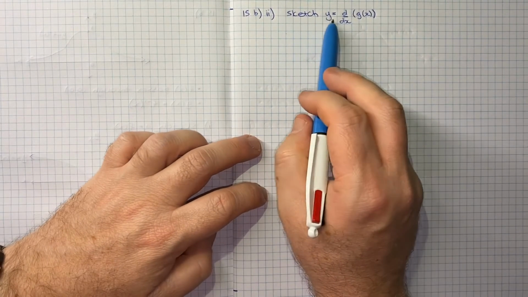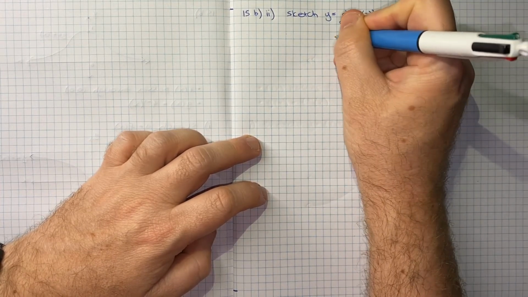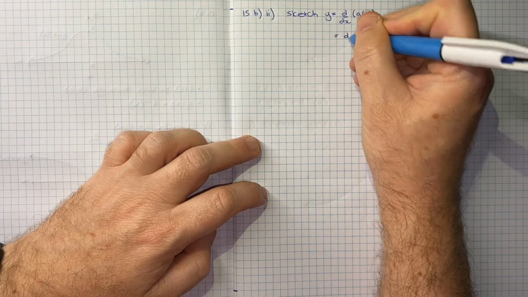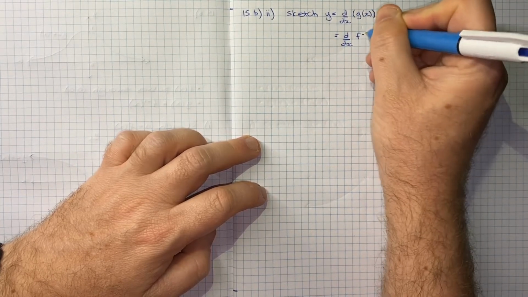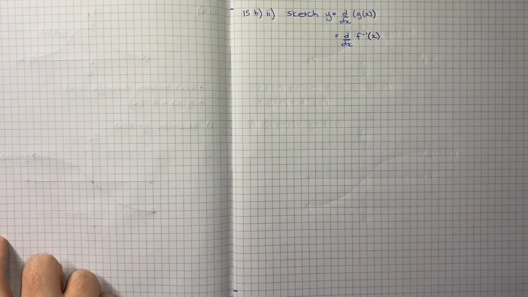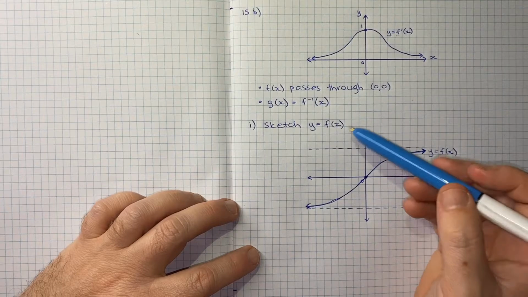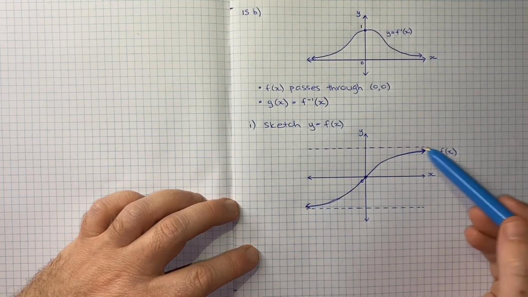So here we're being asked to sketch this derivative of the inverse, and it might be worth expressly noting that really what we're being asked to draw is the derivative of the inverse function of x. And noting that in part 1, we've just worked out f of x, and we've worked out a sketch of what that looks like in general.